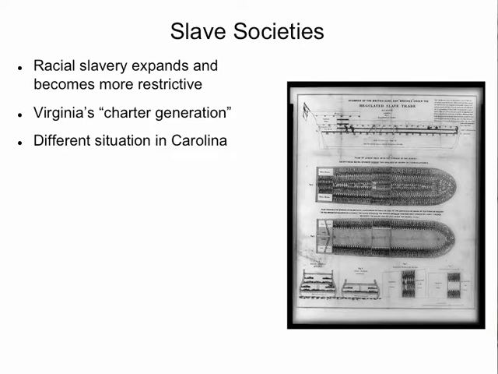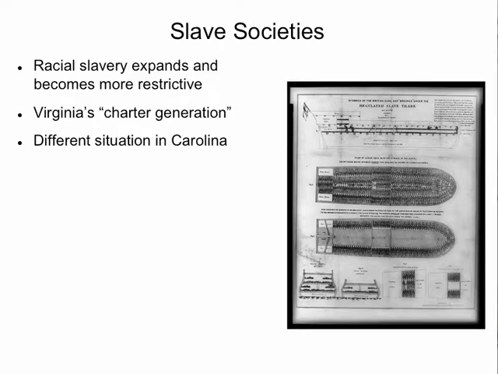They kept more of their African heritage in terms of religion, in terms of foodways, and also in terms of language. It's interesting, if you go to the Sea Islands off the coast of South Carolina, to this very day, you will encounter a group of people known as the Gullah people.